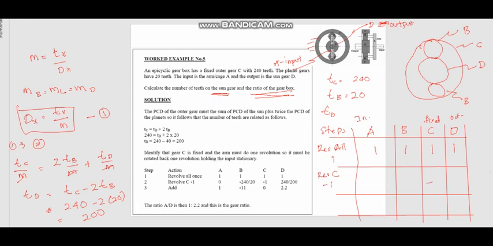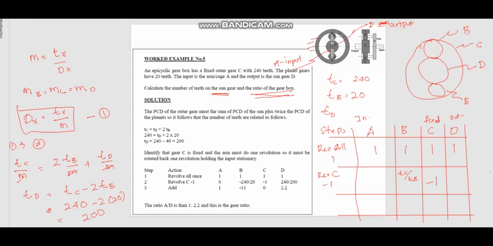If you look at C, it meshes with B. So if C rotates minus 1, B will rotate TC over TB, the number of teeth of gear C over the number of teeth of gear B. The direction should be the same because this is an internal gear. As B rotates, say, clockwise, gear C will also rotate clockwise because it is an internal gear.